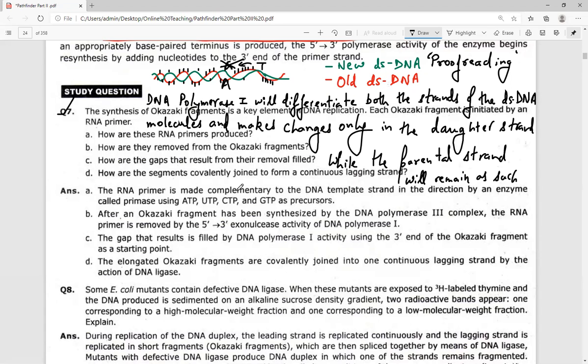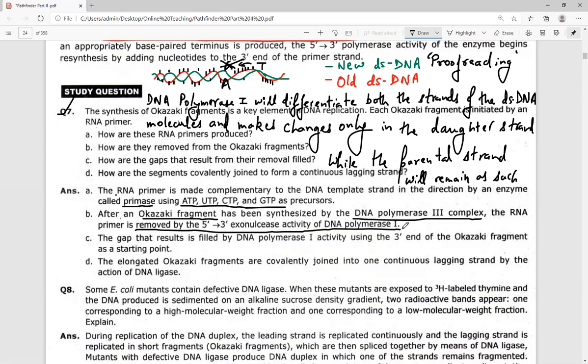The RNA primers are made complementary to the DNA strands by the enzyme referred to as primase, and primase uses several different types of nucleotides such as UTP, GTP, CTP, ATP, etc. After Okazaki fragments have been biosynthesized by DNA polymerase 3, the RNA primer is removed with the help of the 5' to 3' exonuclease activity of DNA polymerase 1.